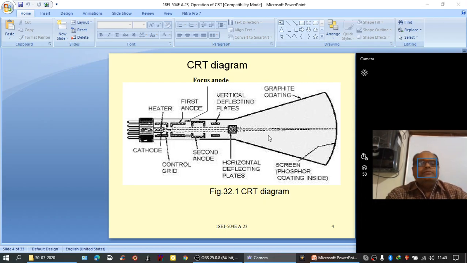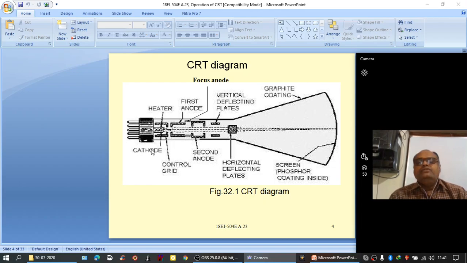Why a vacuum tube? Because if there is air, the air also will have some atoms and it also can produce electrons in the presence of strong electric fields. So that will disturb the electron beam. So we have to encapsulate the entire assembly in a vacuum glass envelope, and this is the vacuum glass envelope.